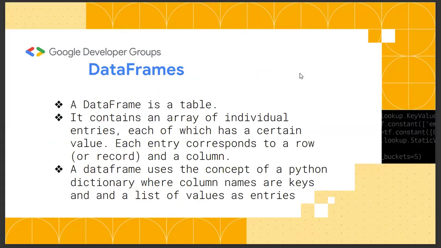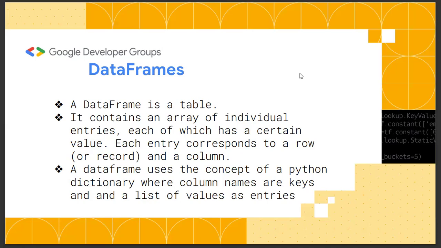A data frame is simply a table, like you're going to see. You just take a data frame as a table. It contains an array of individual entries, each of which has a certain value. Each entry corresponds to a row or record and a column.